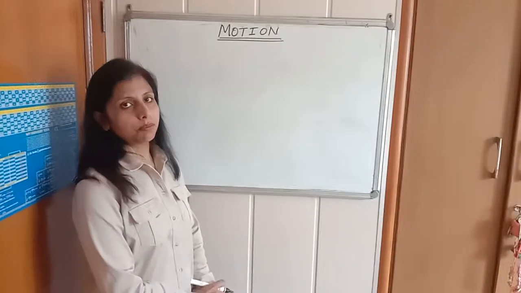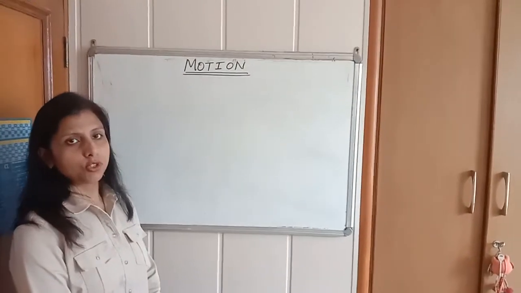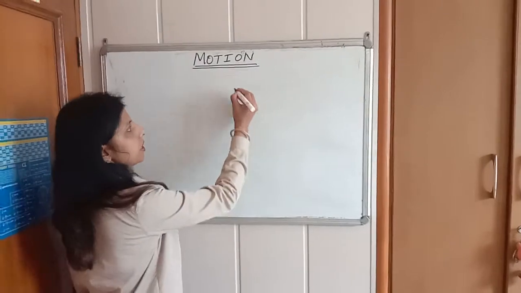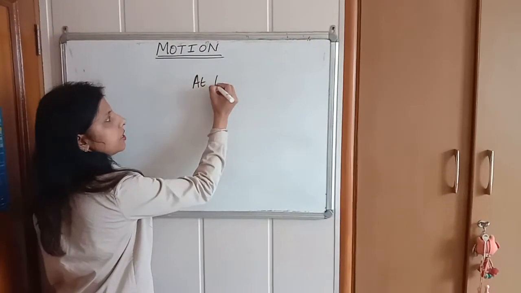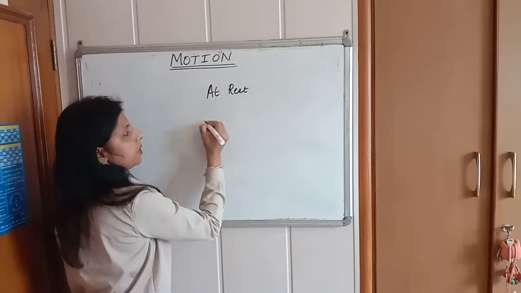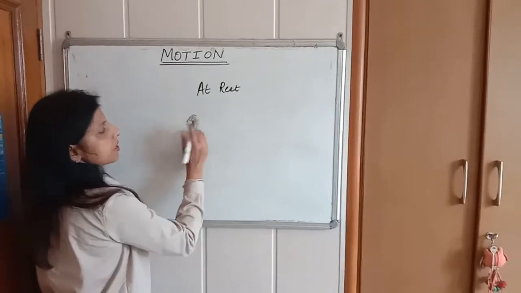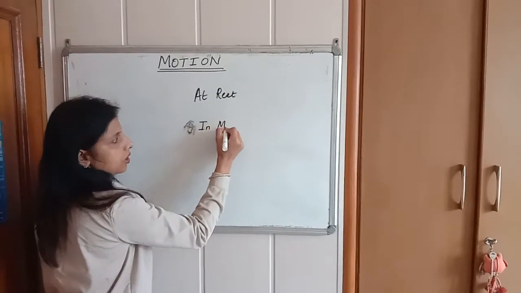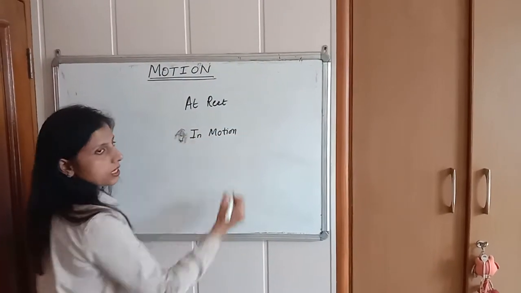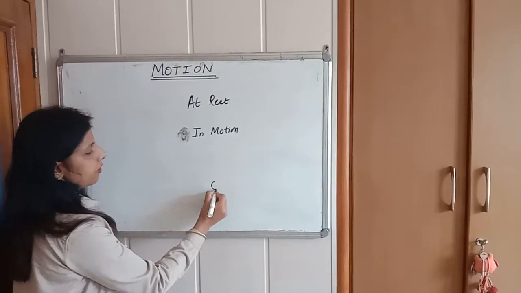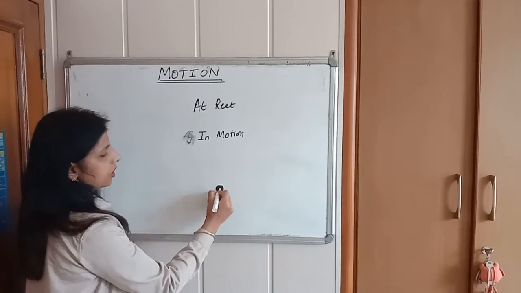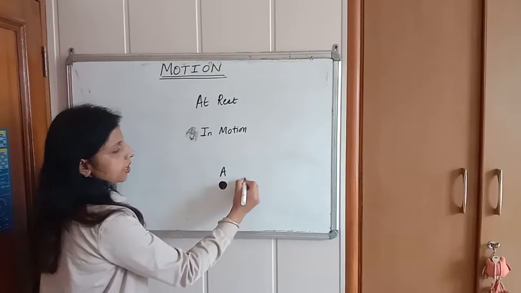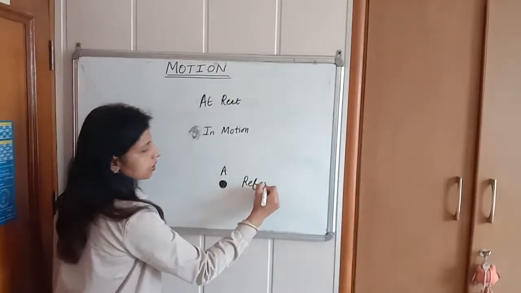Today I'm starting with the chapter motion. The first thing we should know is when do we say that the object is at rest and when do we say that object is in the state of motion. Let us clear it with an example. If I take any reference point, maybe this is a point A, I'm taking it as my reference point.